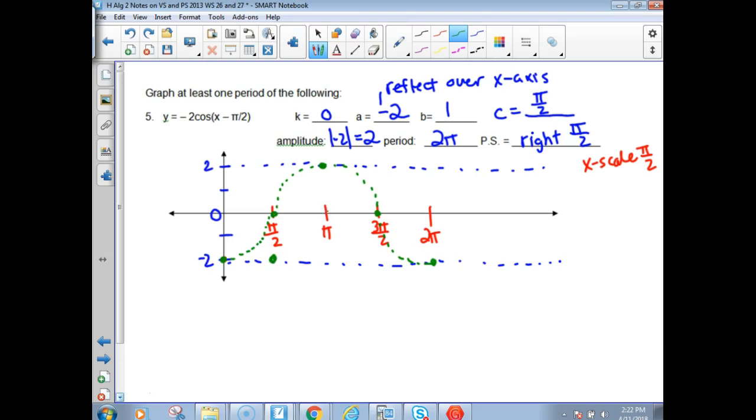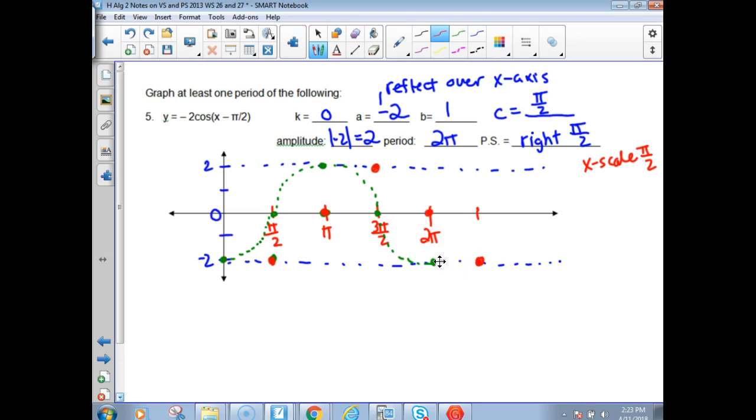This point went right pi over 2 to here. This point went right pi over 2 to here. I'm going to use a different color just so you can see. That one went there. This one went over 1 pi over 2. This one goes over 1 pi over 2. And this one is going to go over pi over 2 units to here.